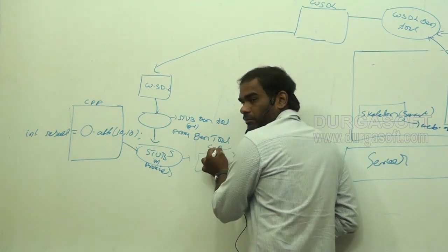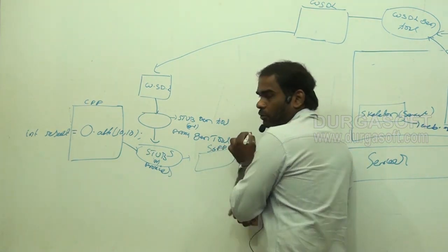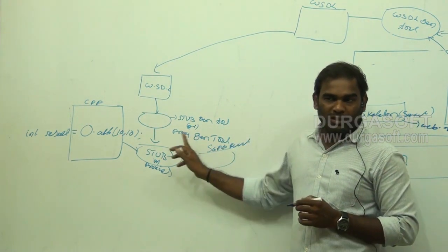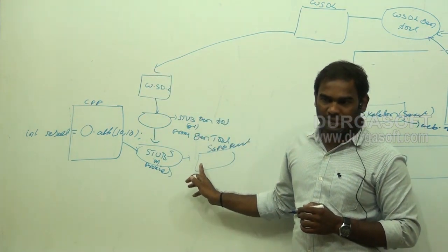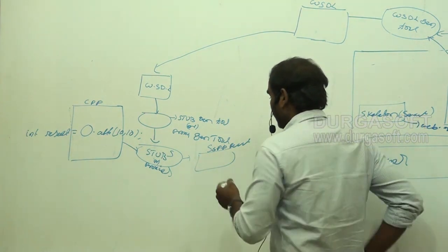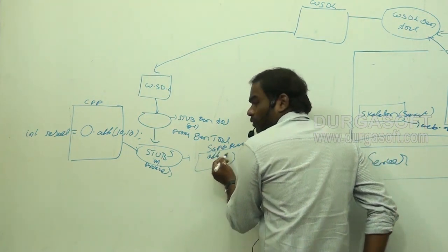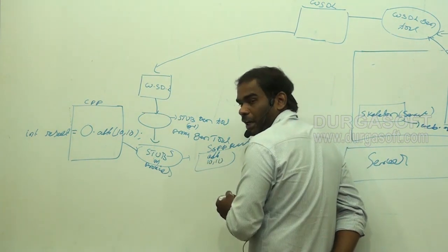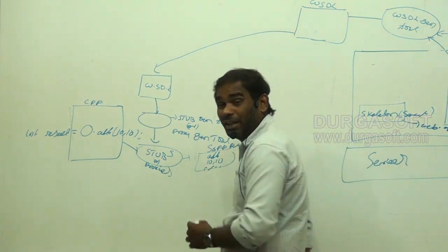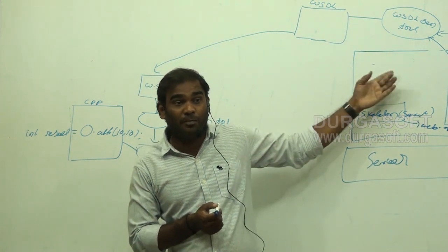Why can we say it's a SOAP request? Because the stub uses SOAP tags to prepare this XML document. What is available in the SOAP request? The name of the method, parameter values, and parameter data types also. Why parameter data types? Because sometimes we have method overloading, right?